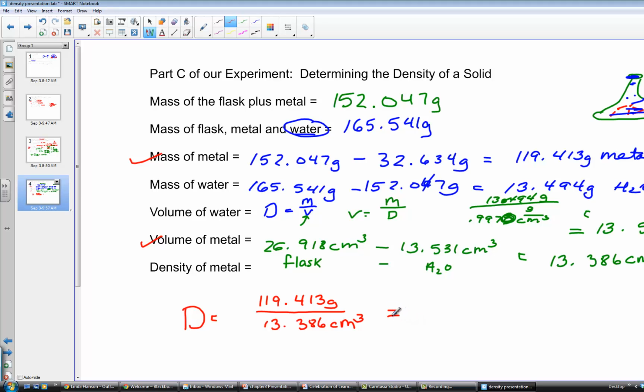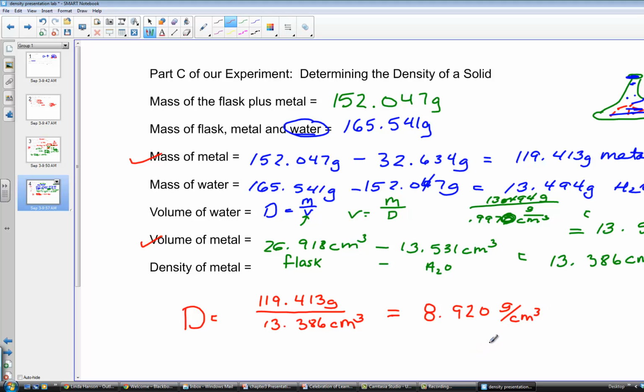Hit it with me. 119.413 grams, divide by volume, 13.386. And I'm finding a density, very large number, 8.920 grams per cubic centimeter.